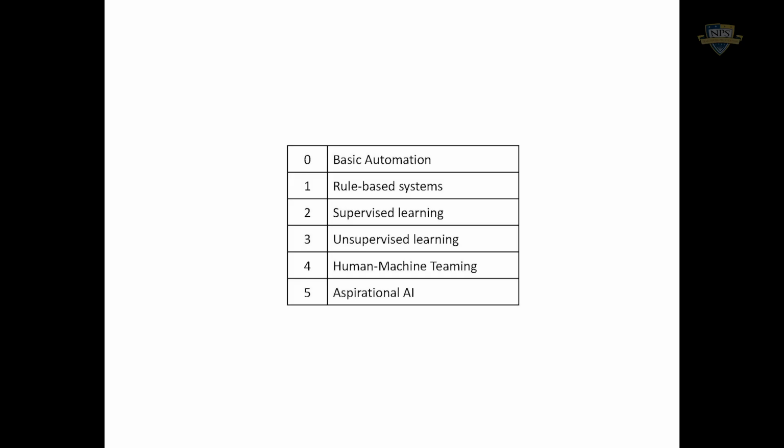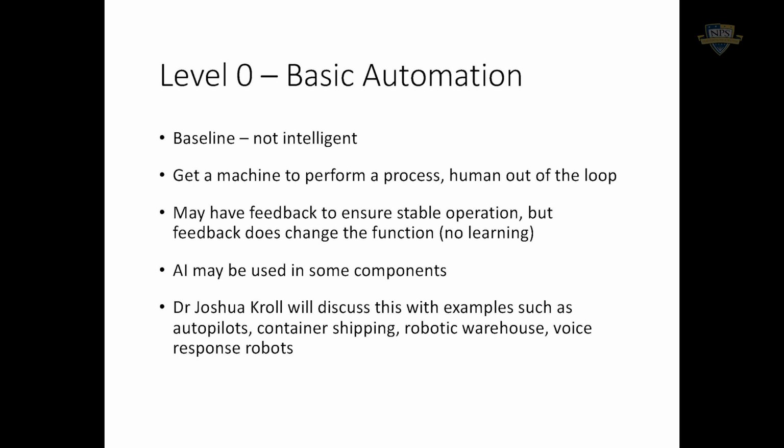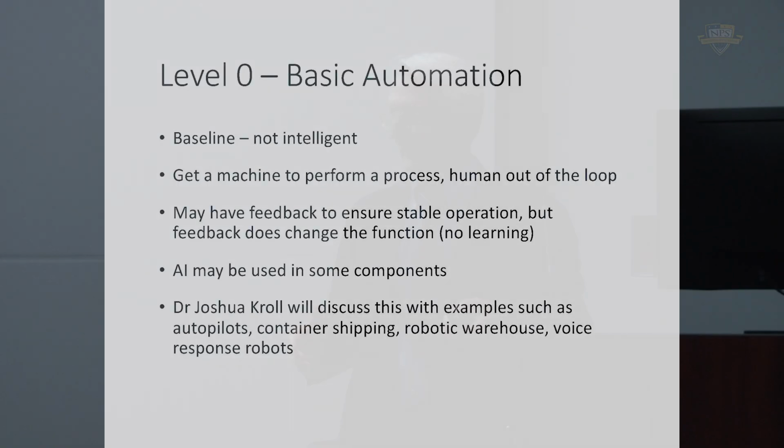So here again is our hierarchy. I just want to quickly tell you a little bit about each level, and then we'll do questions. So level 0 is basic automation. This is dealing with a baseline of things that most people wouldn't consider intelligent, at least up until the current age. We've talked about automation of jobs and factory processes and all sorts of things for centuries.